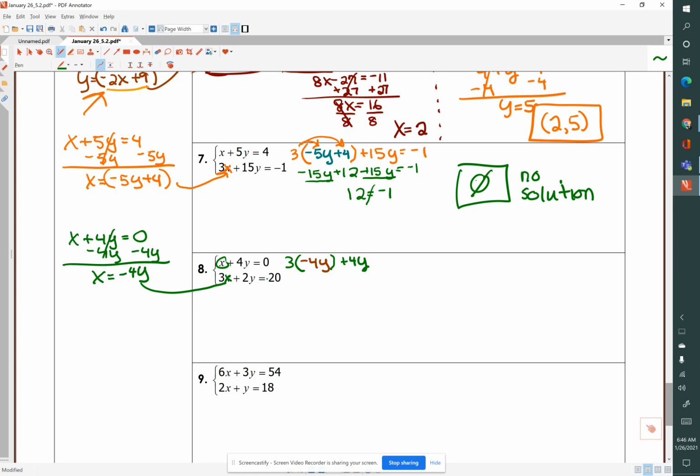Oops. 3y plus 2y. Okay, so I'll distribute.